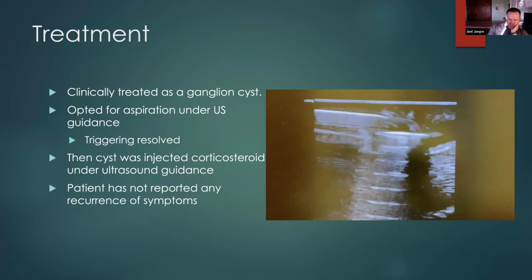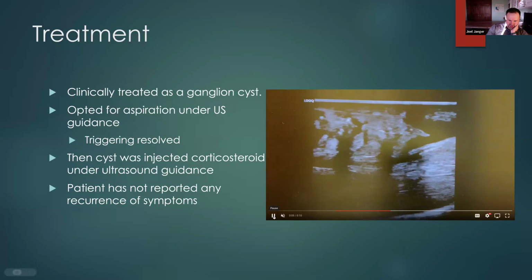One of the things that begs the question here: this patient presented very similarly to the case she had before. She had injections done before, but she'd never been told about this cyst. I was able to reach out and find the previous ultrasound study and what was done previously, and there were only short axis views, with an injection done in an out of plane approach.